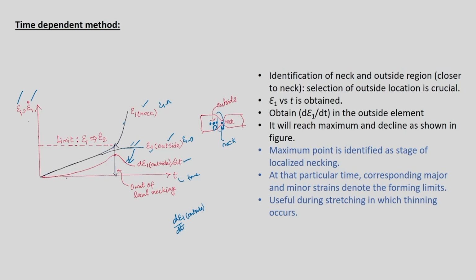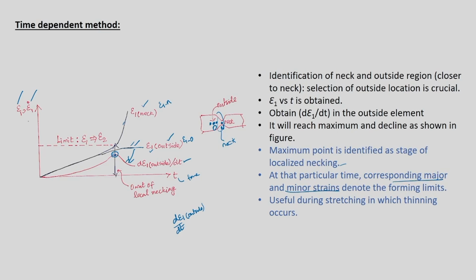You will see that at one particular instant it will keep on increasing, reach a maximum or a peak, and then it will decay. So this peak value is what you have to pick up. The maximum point is identified as the stage of localized necking. At this particular time, the corresponding major and minor strains denote the forming limit strain.